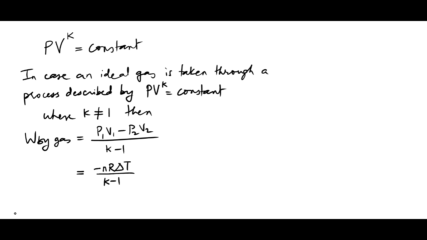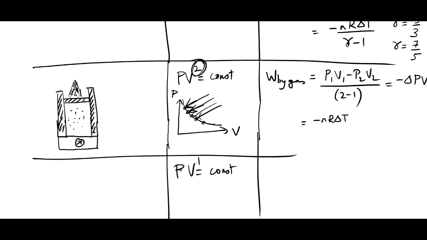So just insert that in your handout at an appropriate place, maybe at the end or wherever you have space. And now we can proceed. Now coming back to PV raised to 1 equal to constant, it's not much of a disadvantage not being able to use the formula for it, because PV equal to constant is nothing but an isothermal process, and you already know the formula for the work done by an isothermal process to be nRT ln V2 by V1 or nRT ln P1 by P2.